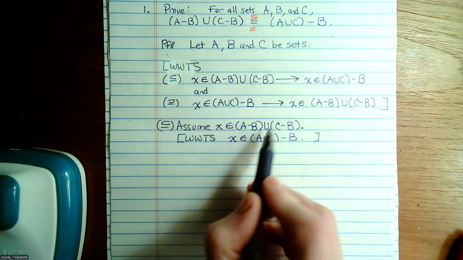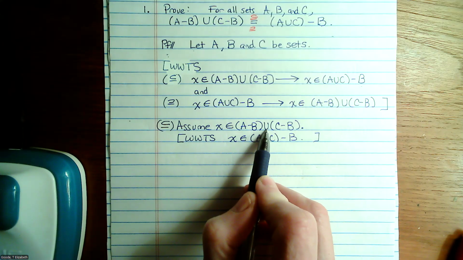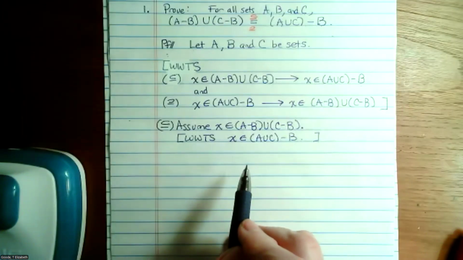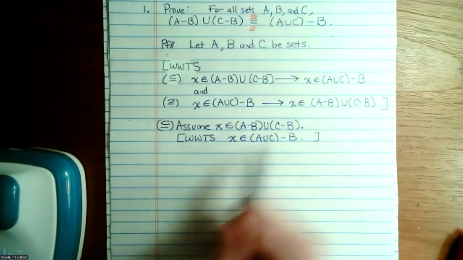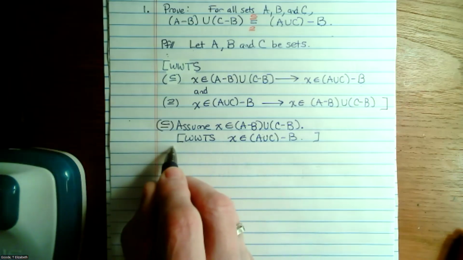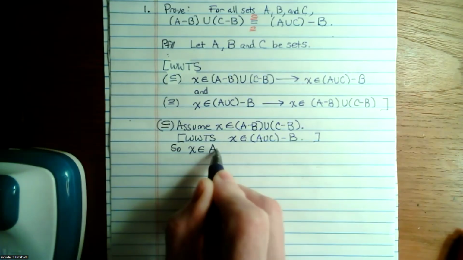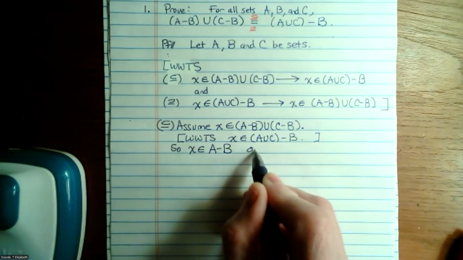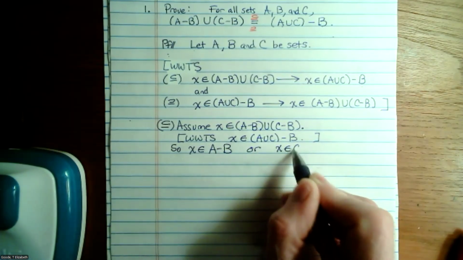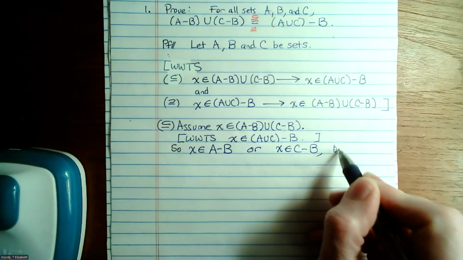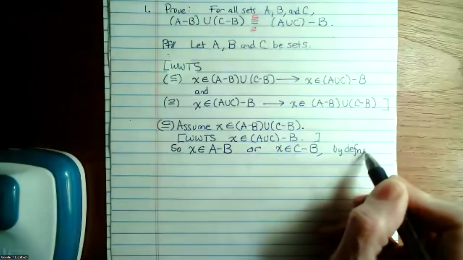Let's just start by unwinding what this union means because it's kind of the big operator in some sense, right? So what does it mean? It means that X is an element in A minus B or X is an element in C minus B, by definition of union.